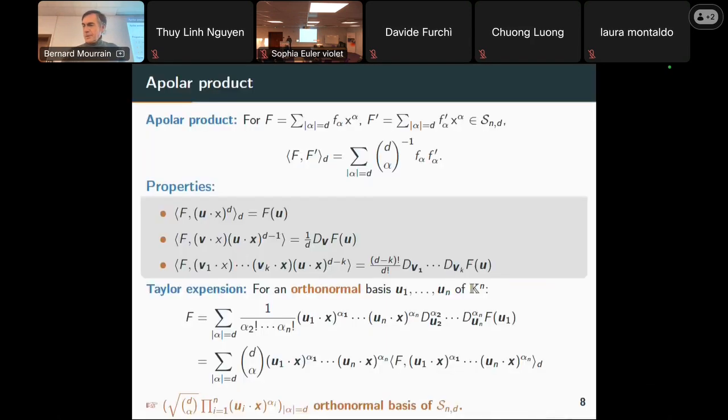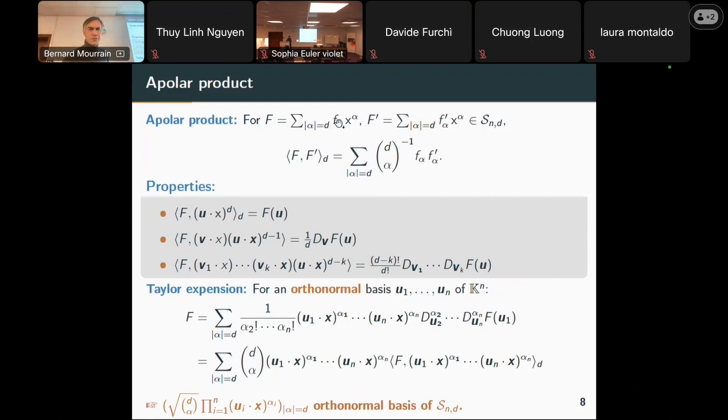One of the interesting features we have on symmetric, homogeneous polynomials is this apolar product, which has many nice properties. Given polynomials f and f' of degree d, this is a compact representation.